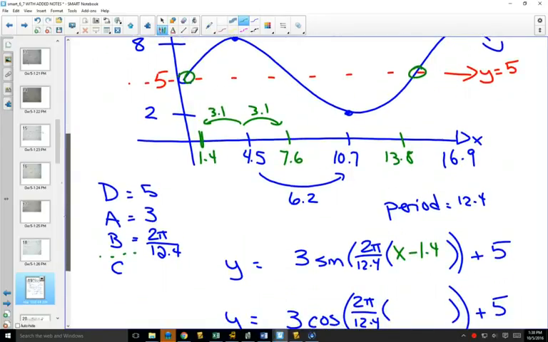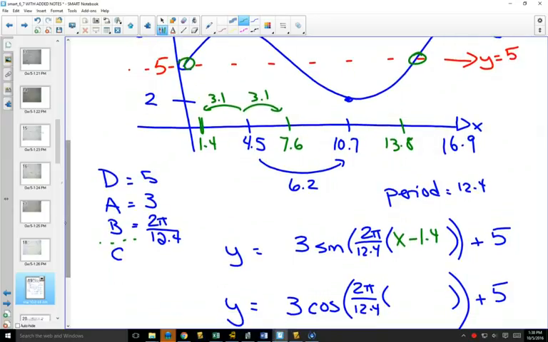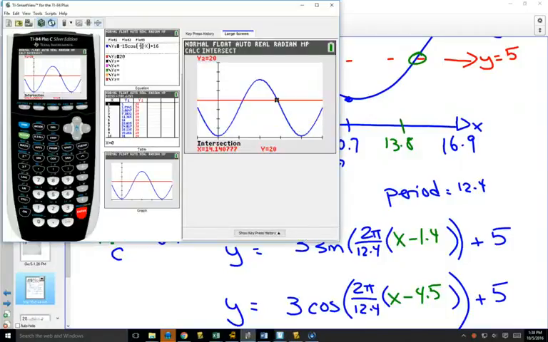And where does cos start? At a maximum. That maximum is 4.5 to the right. So there you would have it. Again, I'll get you to graph this. Get this on your graphing calculator so that you see exactly this window. While you're doing it, I'll put it on mine as well.